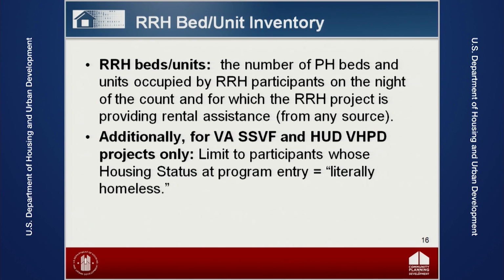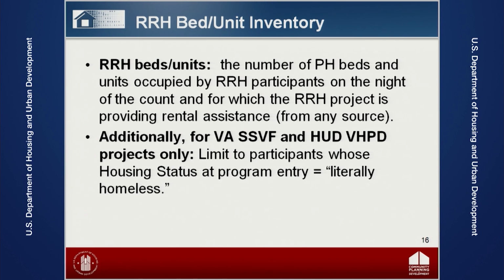However, remember that there are some additional screens that have to be applied to VA rapid rehousing projects. Specifically, the Supportive Services for Veteran Families program, SSVF, and the Veterans Homelessness Prevention Demonstration projects. These projects may offer both homelessness prevention and rapid rehousing assistance and may intermingle participants in the same project in HMIS.